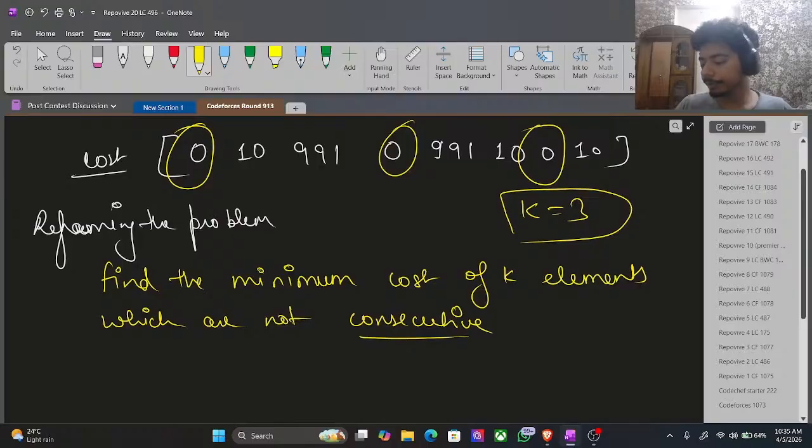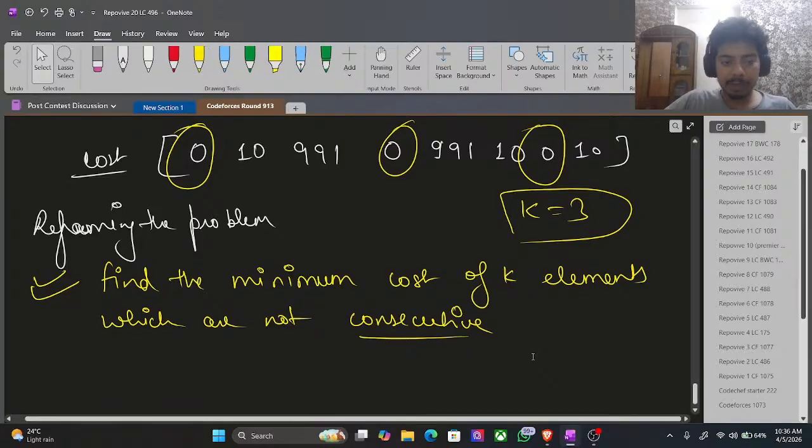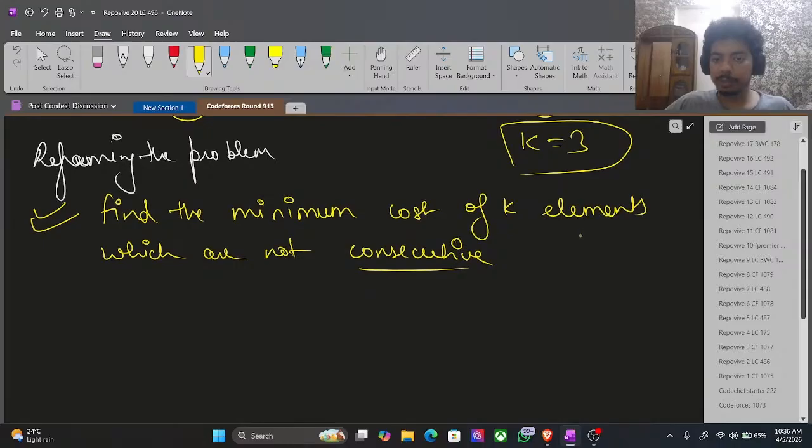Please let me know. I can only move forward if you affirm that the reframing of this problem is correct, because I am going to work on this problem only. Yes. Okay, so I have reframed the whole problem into finding the minimum total cost of k elements which are not consecutive.